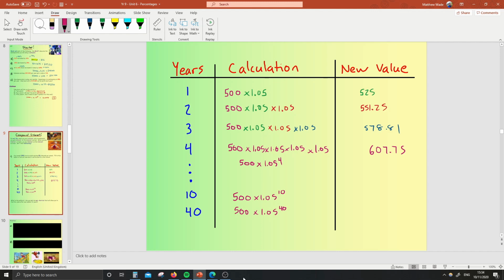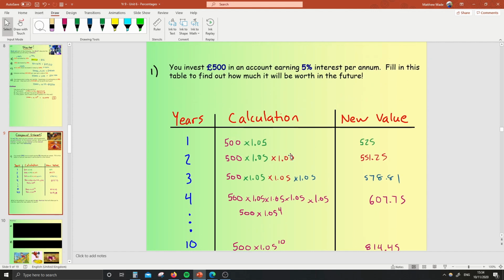Times 1.05 to the power of 10 is 814 pounds, 814.45. And what about for 40 years? If it was 40 years, oh my word, it's worth an awful lot. 3519.99. Cool.